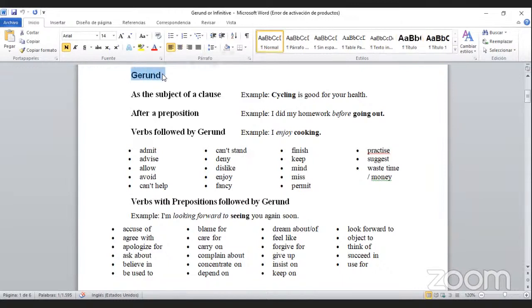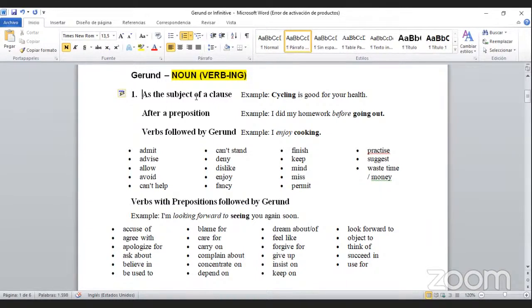So what is a gerund? The definition of a gerund is that it is a noun. Okay, it is a noun, but the composition of this gerund is a verb plus ing. The first use is when we use the gerund as the subject.